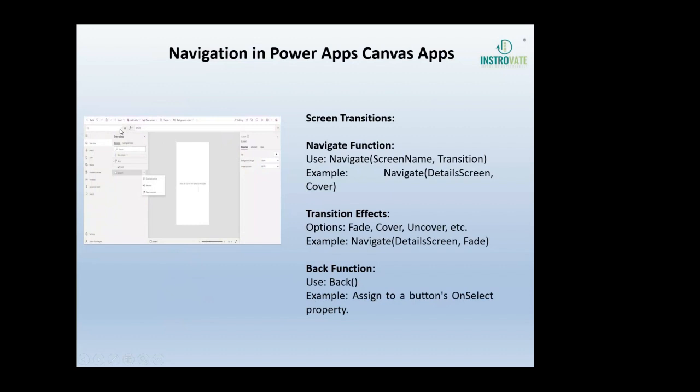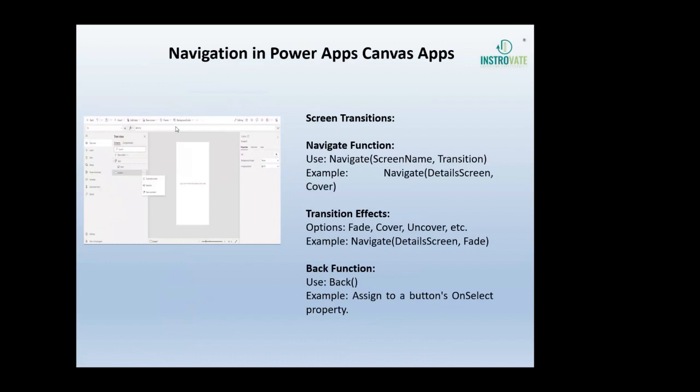When you click on any particular text label, or button, or anything you have added on your screen, and you want to change its property, you just need to go here, click here, and you can change the property value from here.